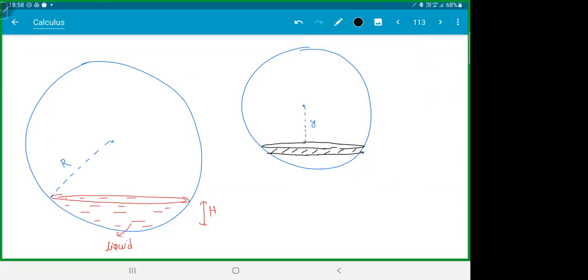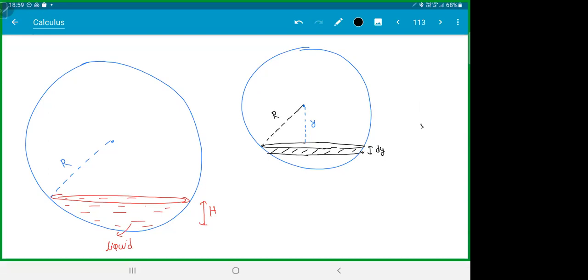In the direction of y, you have to take a small height dy. Remember this thing. If you're taking x, it should be dx. If you're taking y, it should be dy. What is the meaning of dy? In the direction of y, you're taking a small dy, isn't it? That is the meaning of it.